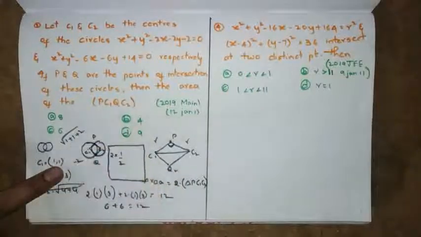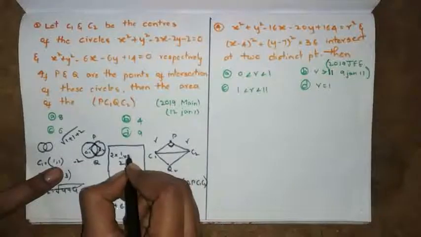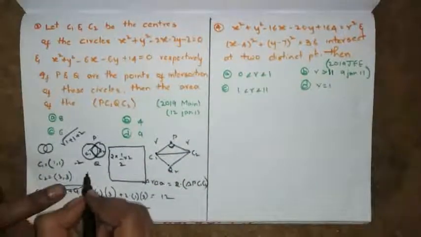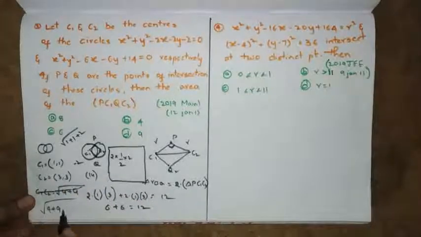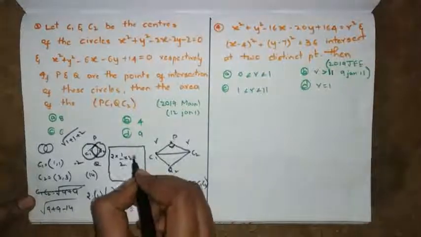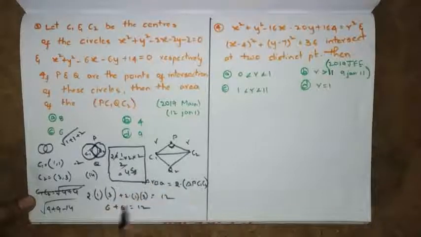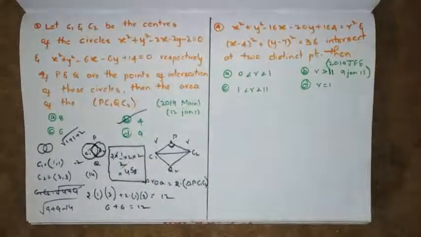It will become 4. So it will become square root of 4, means 2 only, right? Base into height will be also center, and this is constant 14. Calculate 9 plus 9 minus 14. 18 minus 14, 4. It will become 2. Yes, 4 square. This is the option. Okay.